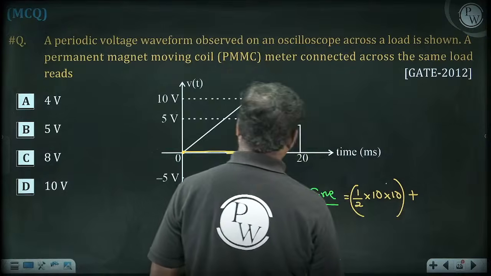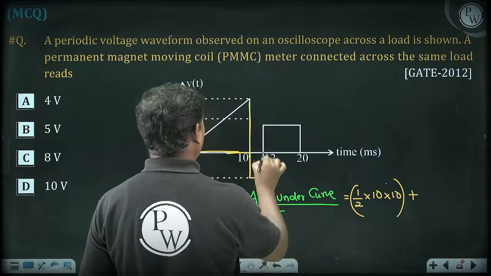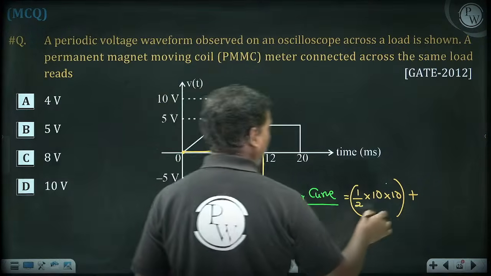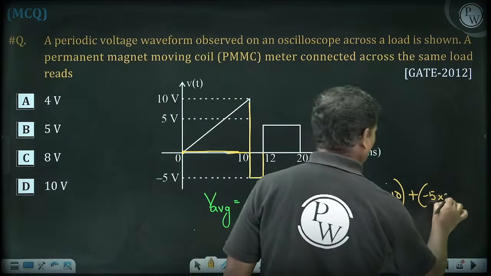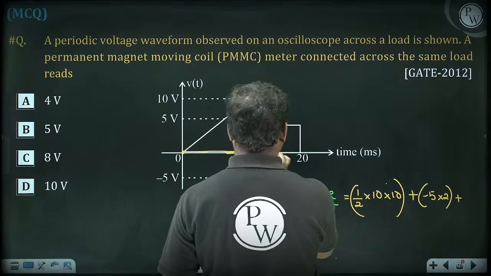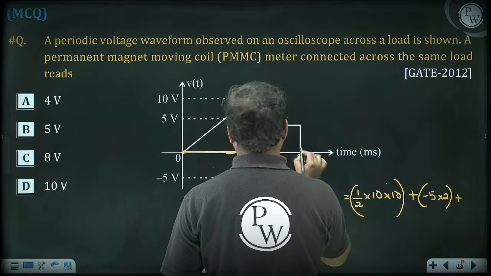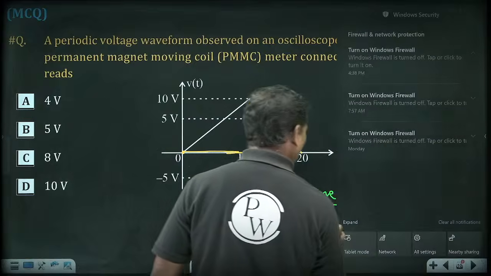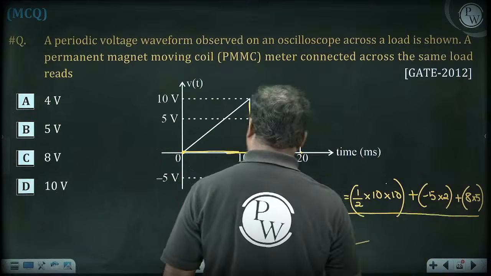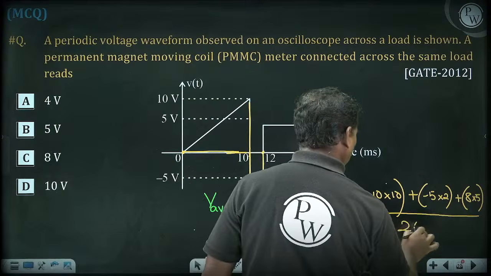Next area, this is a rectangle, this is minus 5 into 2. Next, a square, 20 minus 12, 8 into 5. The whole divided by the time, 20.